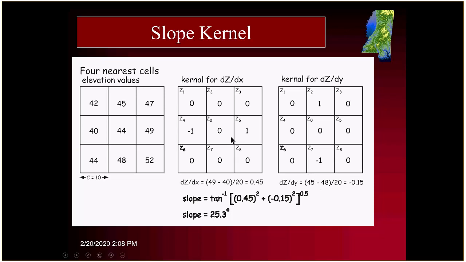Now remember, slope is the rise over the run. So what's the run between these two cells if the cell size is 10, as it says? What's the run from here to here? Because we've got the rise. The rise is 49 minus 40.